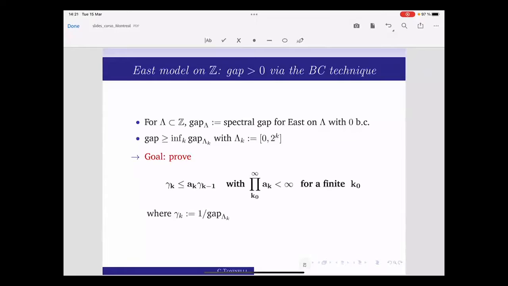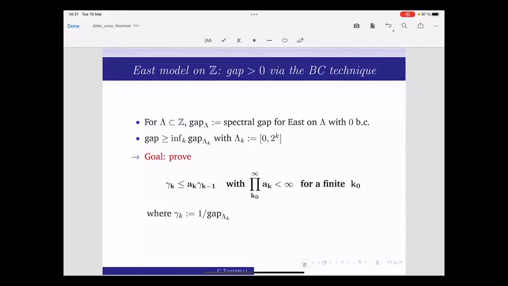Saying that the inverse of the spectral gap is upper bounded by something, so saying that gamma k is smaller than ak times gamma k minus 1, is the same thing as saying that the variance of any function on the volume lambda k is upper bounded by the Dirichlet form on the same volume times this factor ak times the gamma at scale k minus 1.